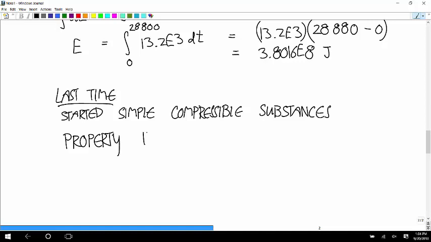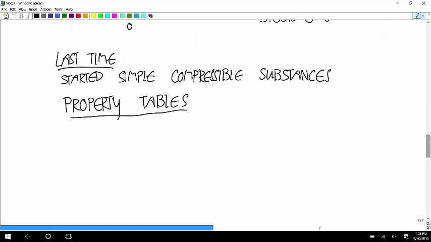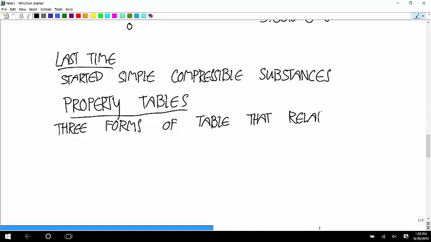The property tables that we're going to use come in 3 different forms. So there are 3 forms of table that relate properties to one another.